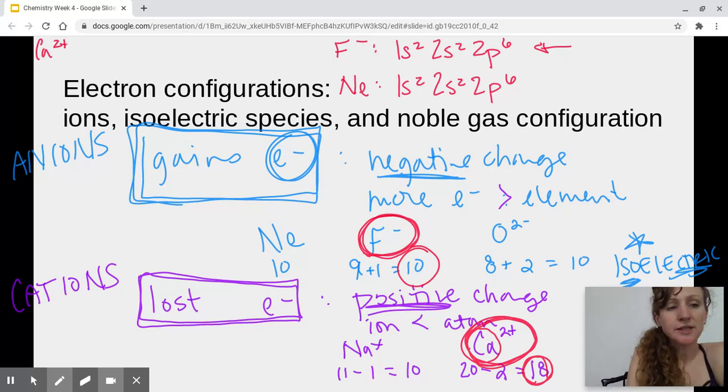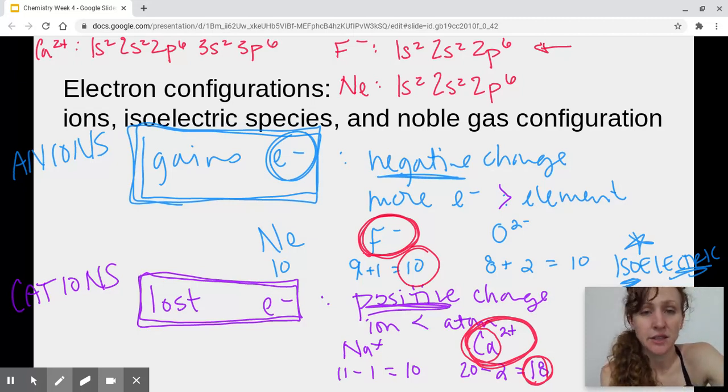Calcium 2 plus is going to have 18 electrons, so 1s2, 2s2, 2p6 gives us 10 electrons. 3s2, 3p6 gives us 18 electrons.